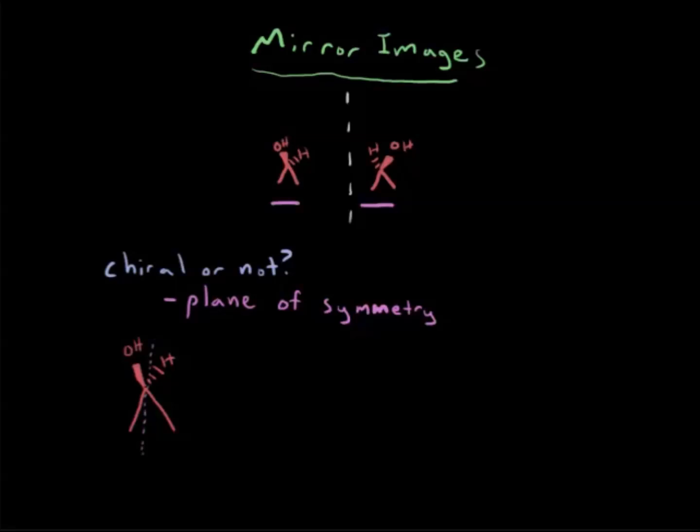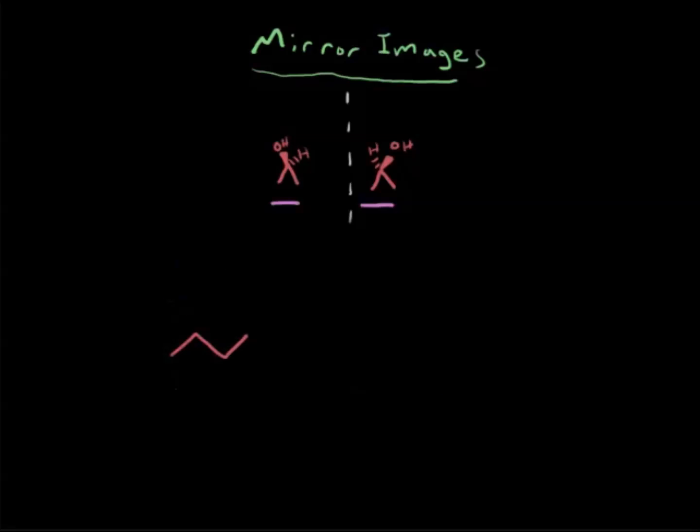That might be hard to see, so we can draw this from a different view. Now we're looking straight on. That going straight down is our 2 methyl groups, and one behind it, there's our hydroxyl and our hydrogen. Right there, boom. Plane of symmetry, therefore it is achiral.